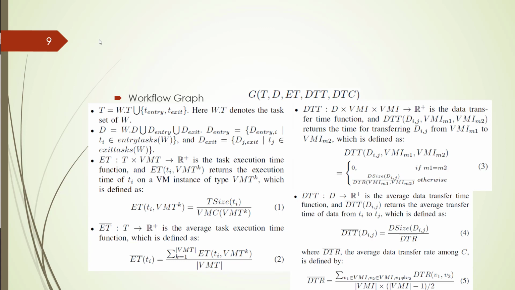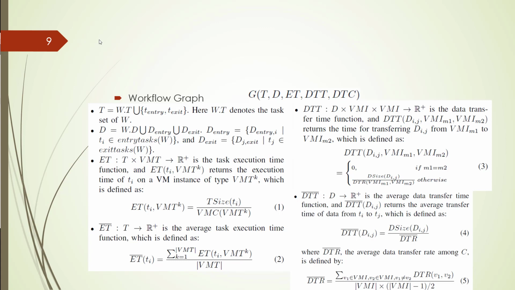The average data transfer time is a function from D to R plus, the average data transfer time function, and it is defined as the data size divided by the average data transfer rate, as we defined previously.